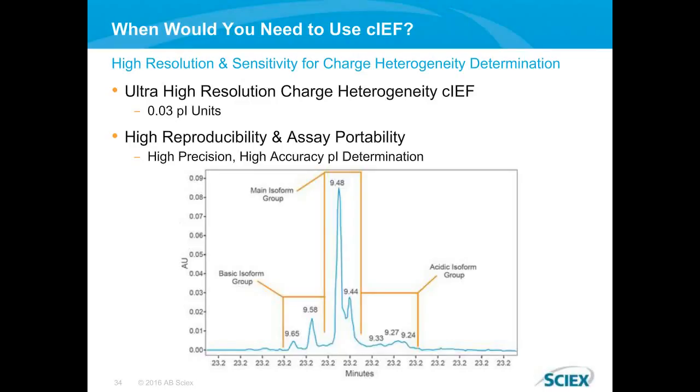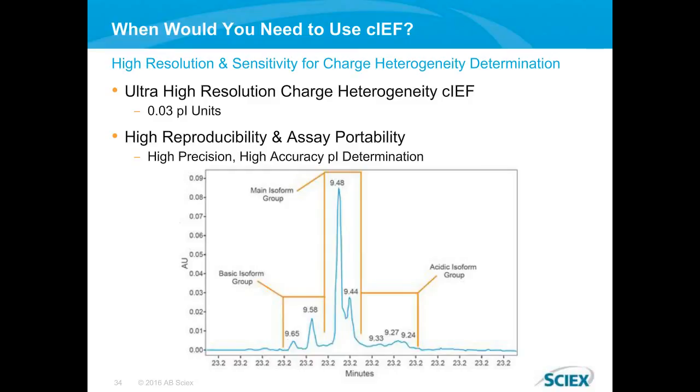So we talked about CZE a lot and why you would want to use it, but when would you ever need to use CIEF? CIEF obviously still has its place, and it's really when you need that ultra high resolution. So we can get down to 0.03 pI units using our method.